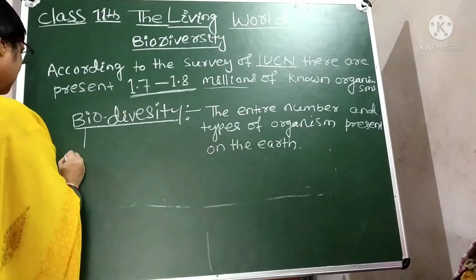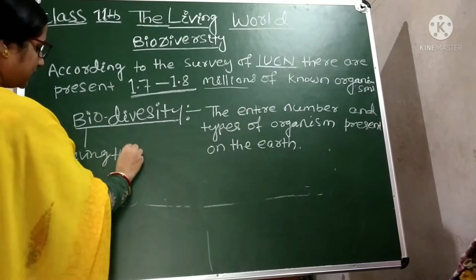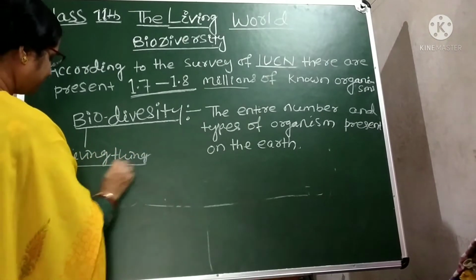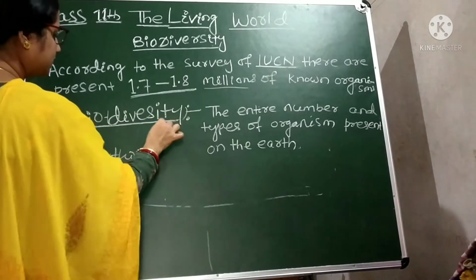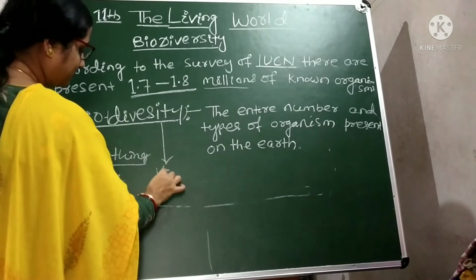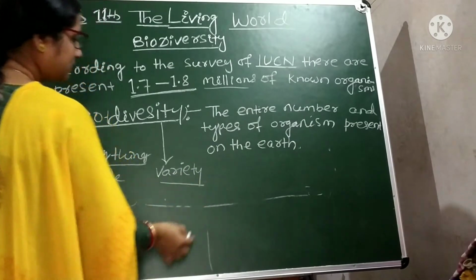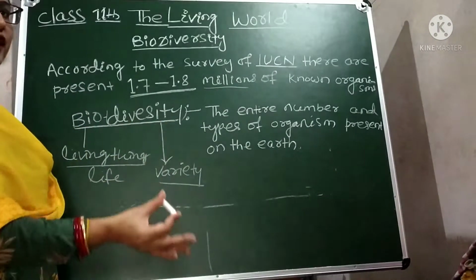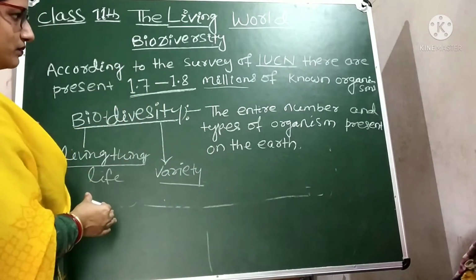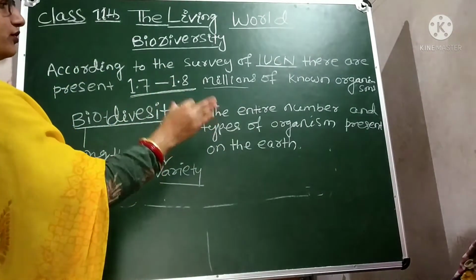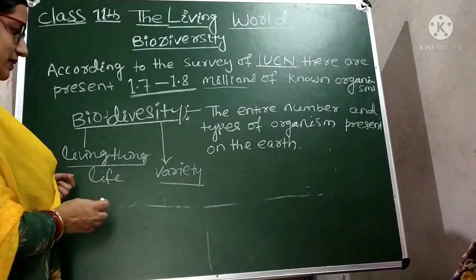Bio means living thing or life, and the term diversity means variety. It means there are present varieties of living organisms on the earth's surface. The total number of organisms present on the earth's surface is known as biodiversity.